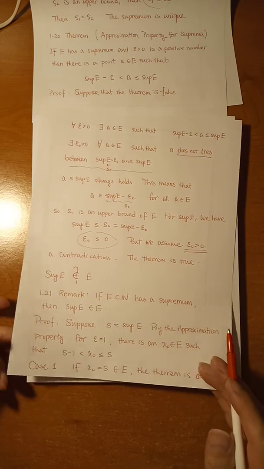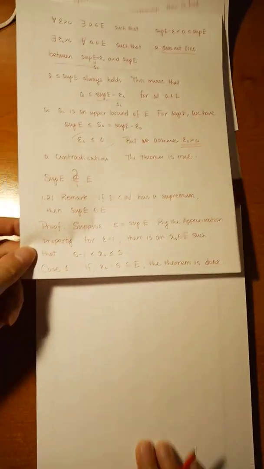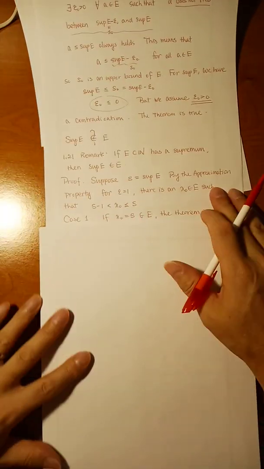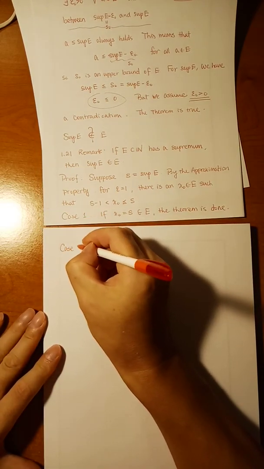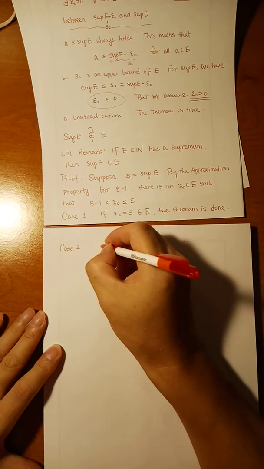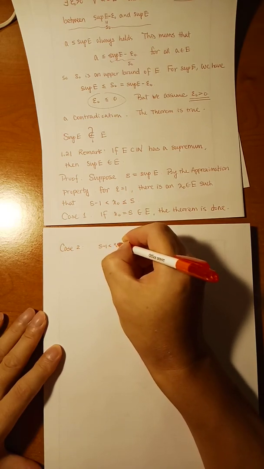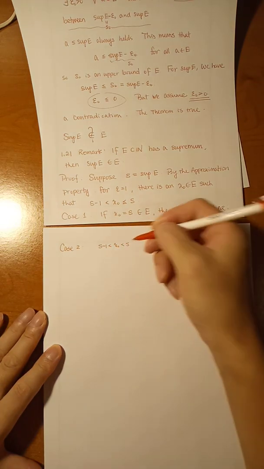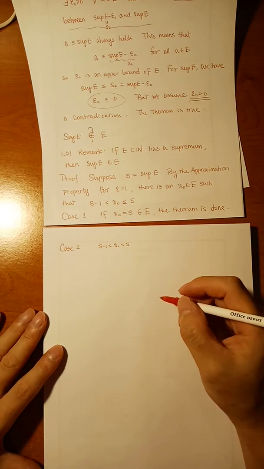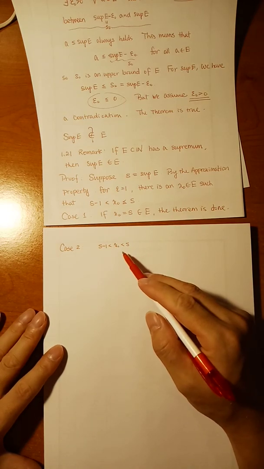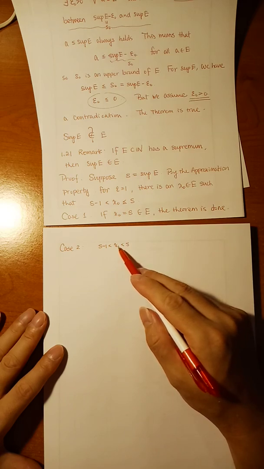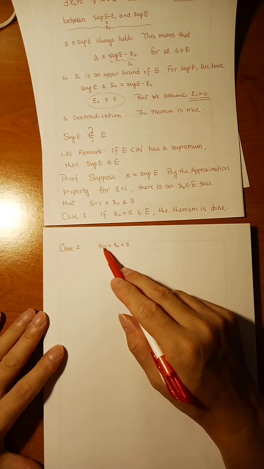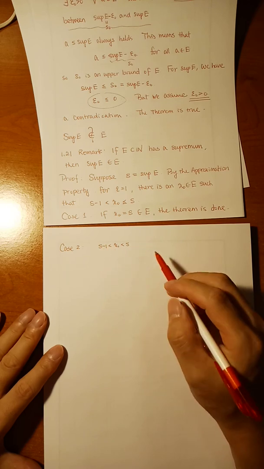Otherwise, case 2: we have strict inequality. x0 is strictly between s minus 1 and s.